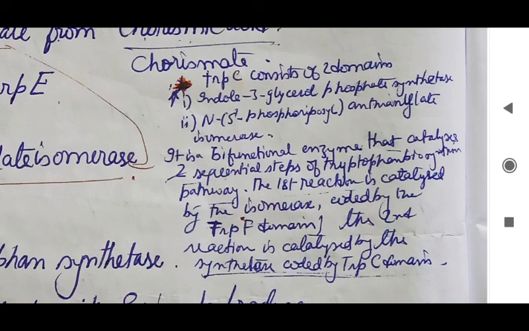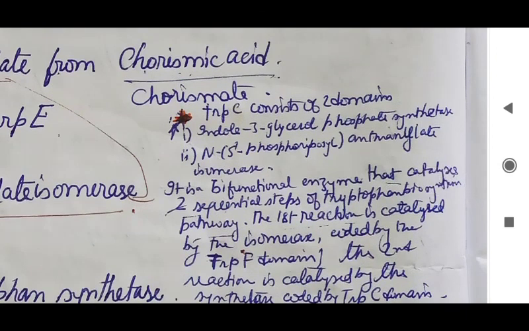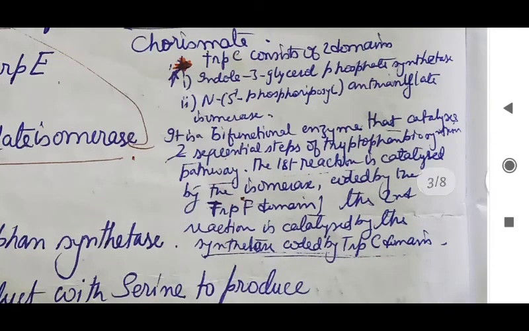So this TRPC consists of two domains. One is indole 3-glycerol phosphate synthetase, and the second is N5' phosphoribosyl anthranilate isomerase. This TRPC is a bifunctional enzyme that catalyzes two sequential steps of tryptophan biosynthesis.